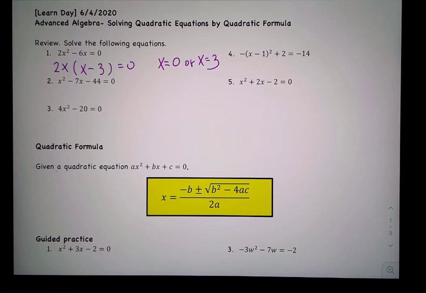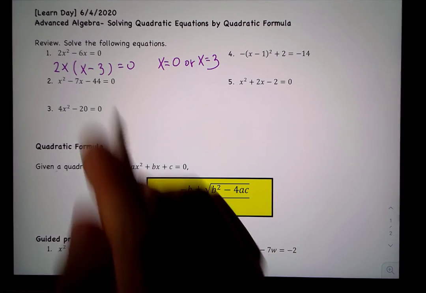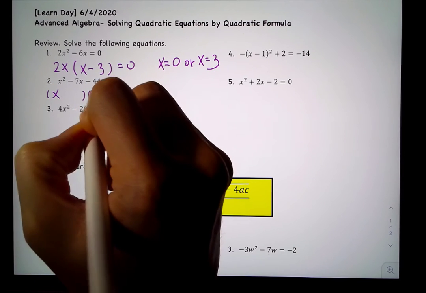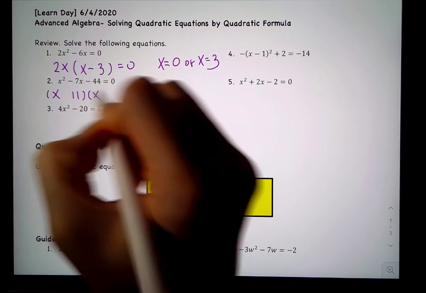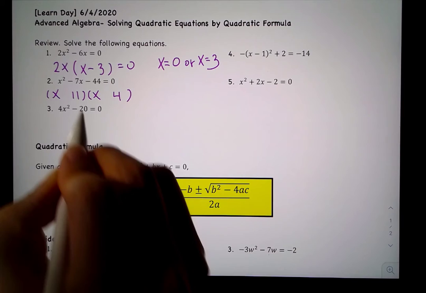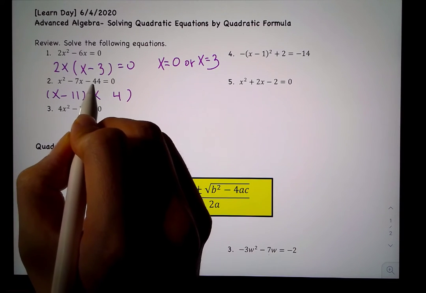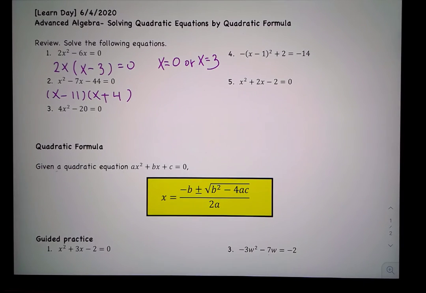And number 2. You've got a trinomial, so we have to check whether it's factorable or not. I'm going to break down 44. Then I can think about 4 and 11, and the difference is 7, right? So we can do x, with the bigger number 11 and 4, and the same sign, minus here, and to get negative 44 it will be positive 4, right?